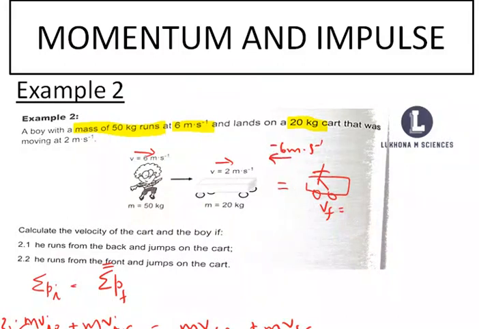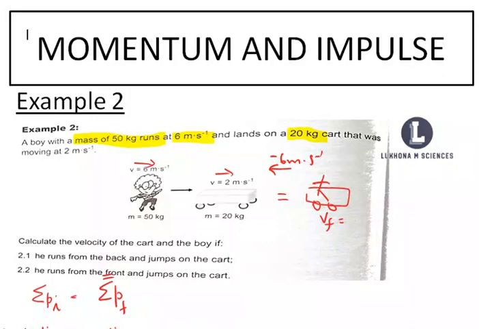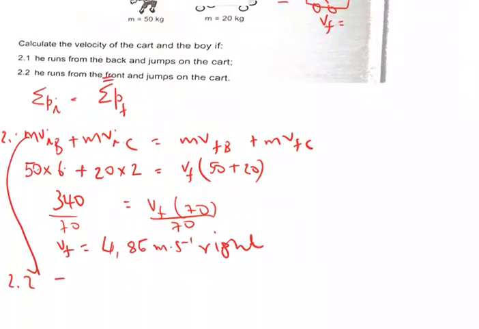I will just change that sign. The mass is 50, but now 6 is negative. Otherwise everything is the same. So it's 50 plus 20.